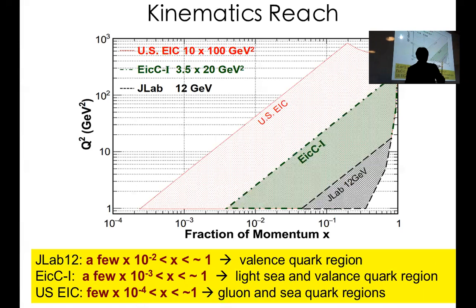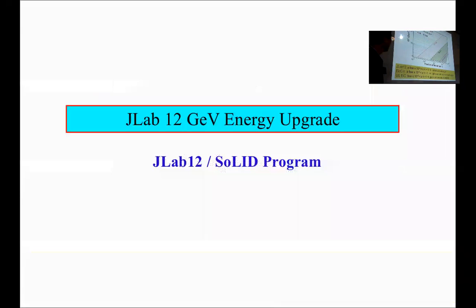The China EIC low energy version will cover the x range from a few times 10⁻³ all the way up. And of course, the US version will go another order of magnitude.